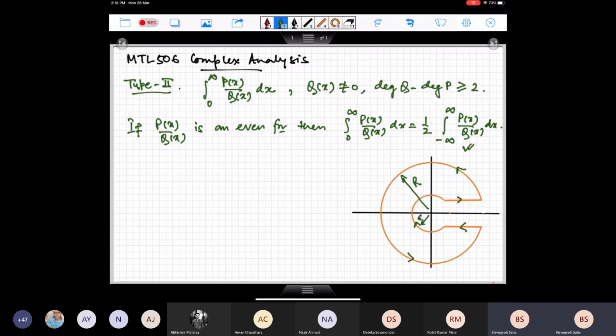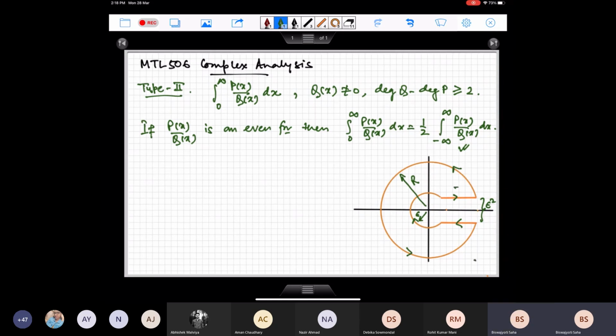The smaller circle is of radius epsilon, okay? And let's say this width is epsilon square. I'm going to take epsilon very small, and I have integrals on these lines as well, I1, I2. So that's the contour that I have.